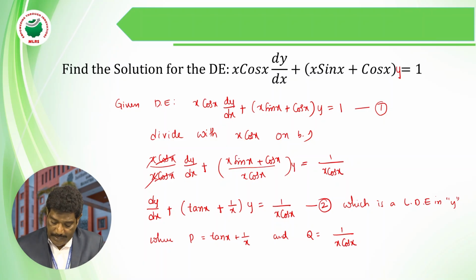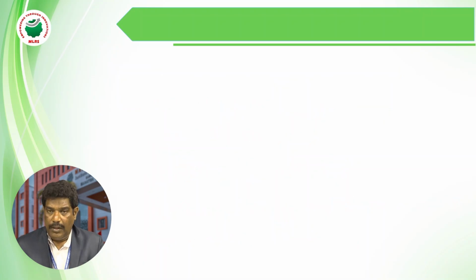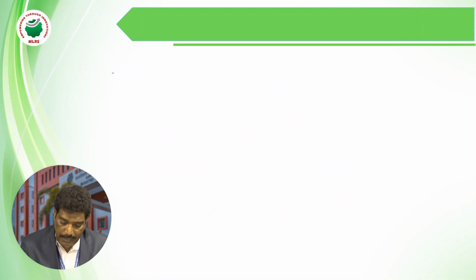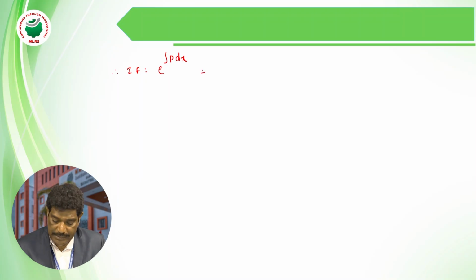After identifying the two functions p and q, now we need to find the integrating factor. Therefore, the integrating factor is e power of integration of p dx. This equals e power of integration of tan x plus 1 by x dx.